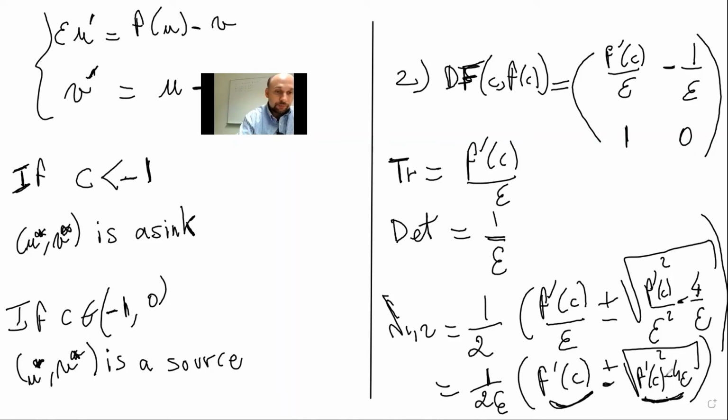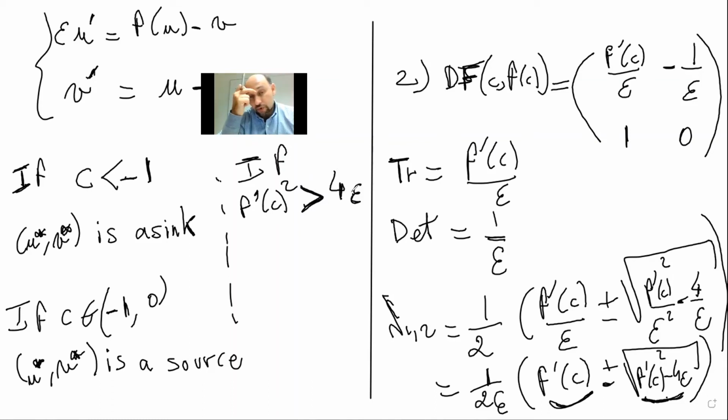So if f prime of c squared is greater than 4 epsilon, the stationary point will be a node.